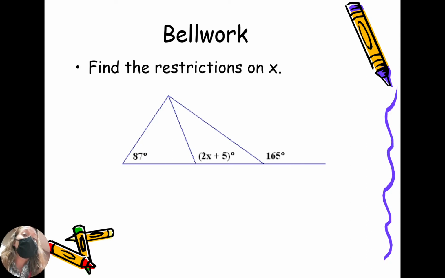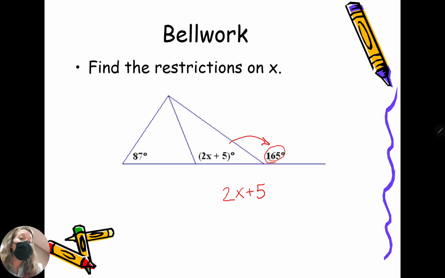First off, we have our remote interior inequality, right? Any exterior angle, which is obviously this one right here, has to be greater than our remote interior angles. So 2x plus 5 is an interior angle, and that has to be less than this exterior angle here.